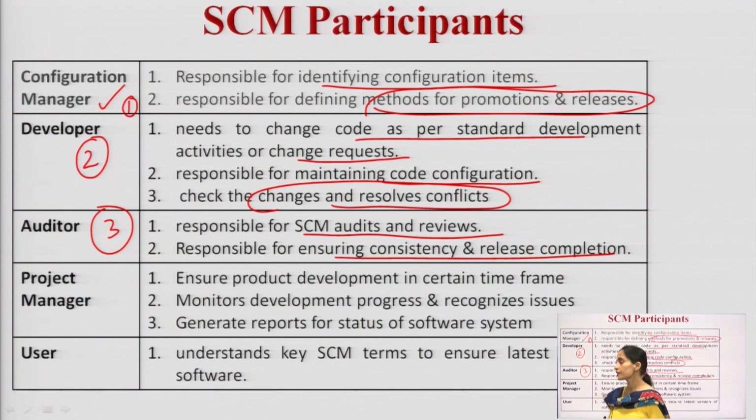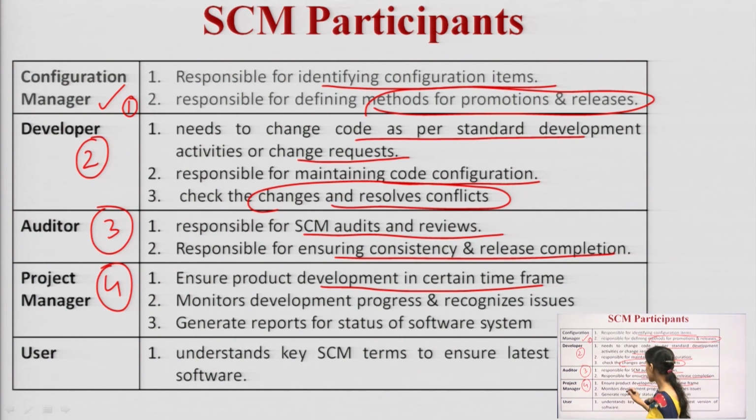Then the next participant is my project manager. The project manager ensures the product development happens in a certain time, whether all the things are happening in the certain time or not. Then he monitors the development process and recognizes the different issues if they arise.